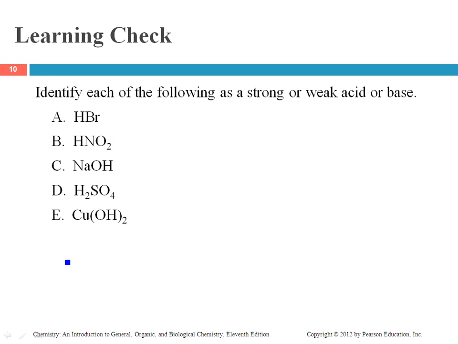Okay, so if we go through our list, for HBr, we have a list for acids, so we know that HBr is a strong acid. You have to be careful with B because there's nitric acid and then there's nitrous acid.